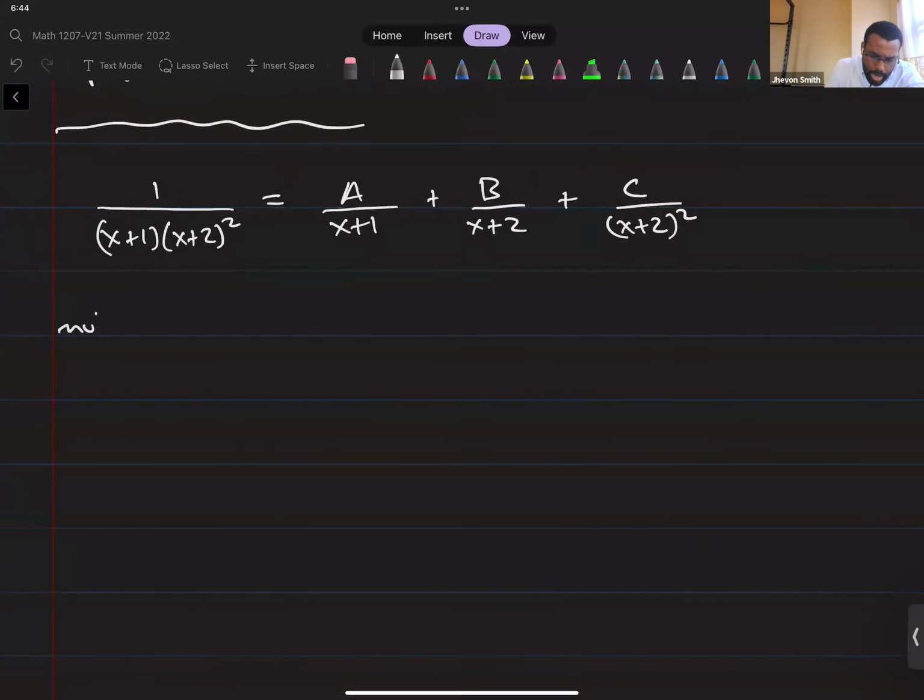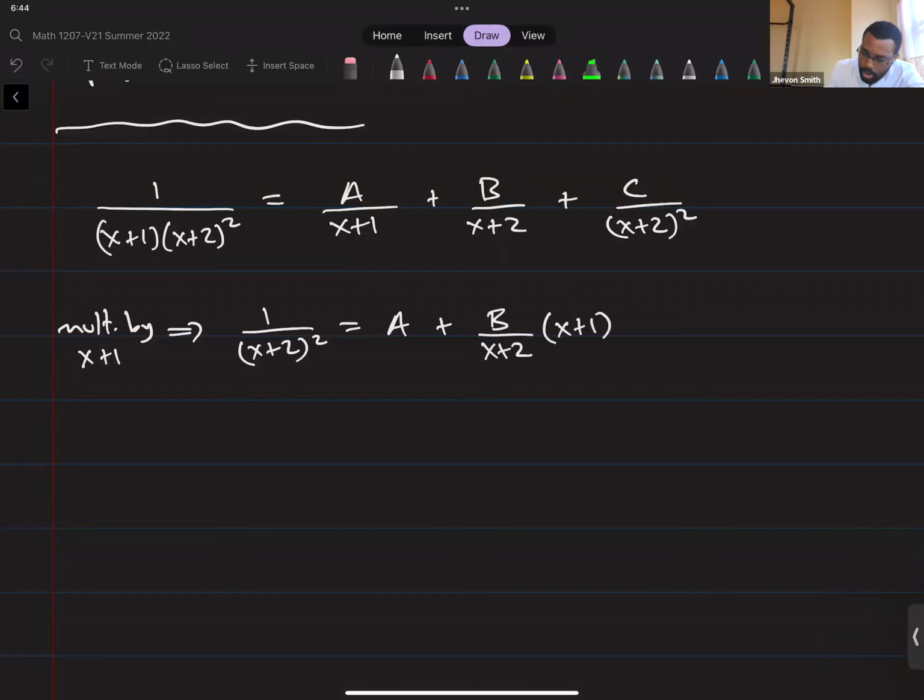So if I multiply by x plus 1, this would give me 1 over x plus 2 squared equals A plus B over x plus 2 times x plus 1 plus C over x plus 2 squared times x plus 1. And then these guys would disappear if I plug in x equals minus 1, and I can solve for the A.